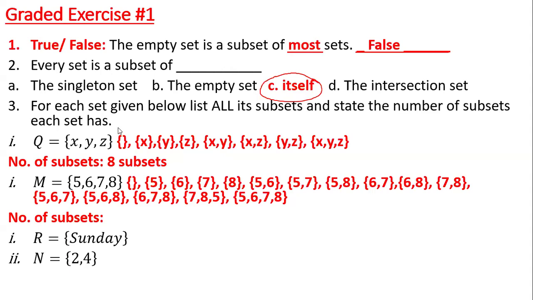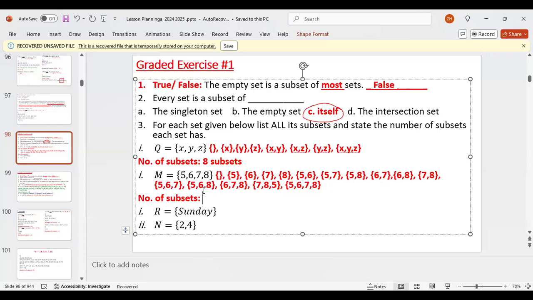This is 1, 2, 3, 4, 5, 6, 7, 8. Oh, so you're counting the set itself and then the empty set and the rest. Yes, that's correct. Make sense? Yes, sir. This is going to be 16, supposed to have the original set and then the empty set.